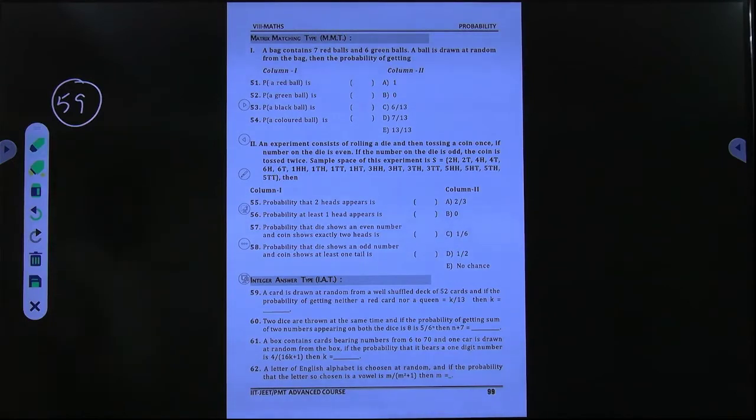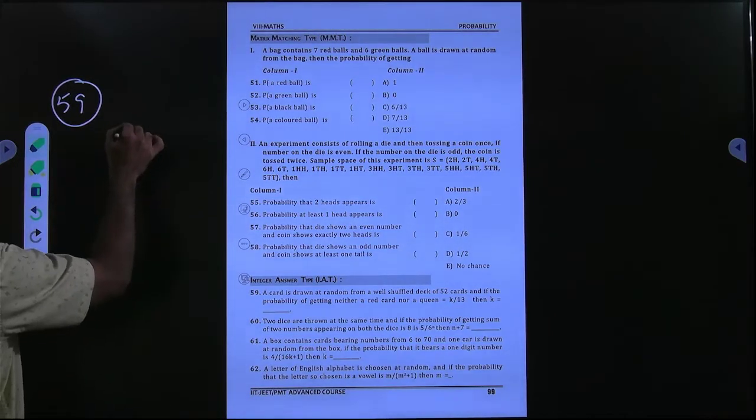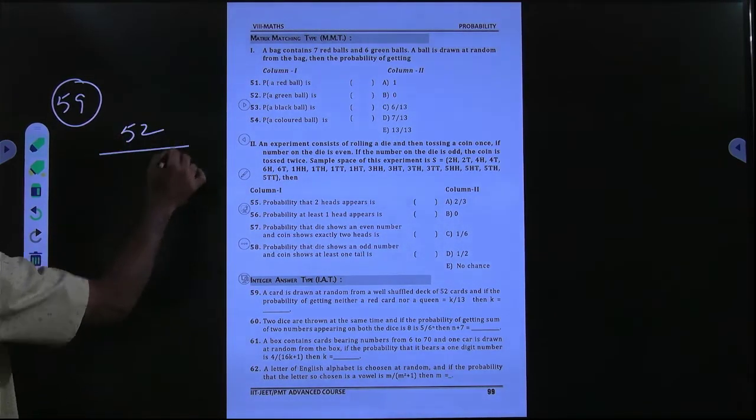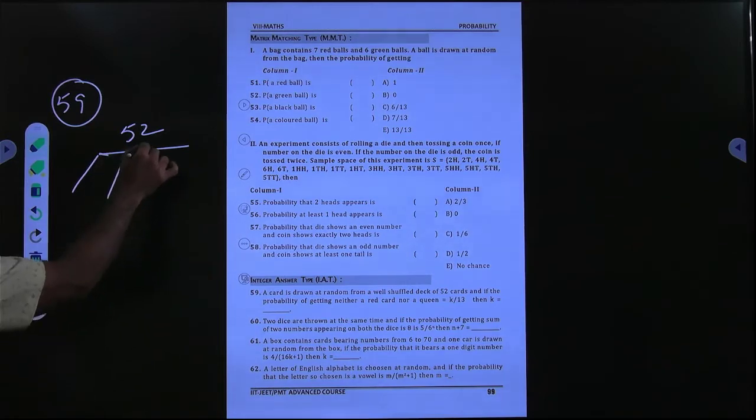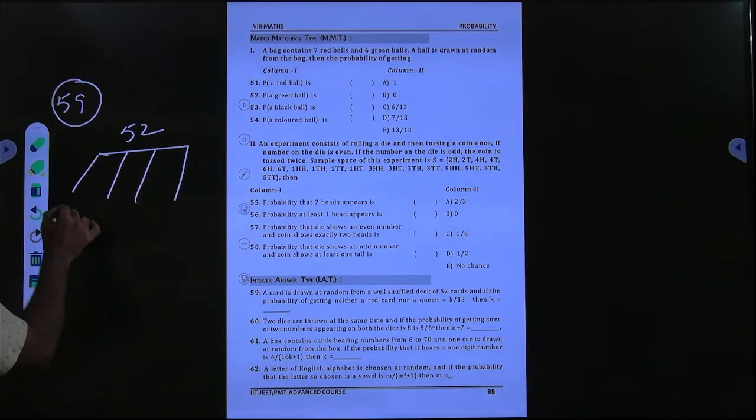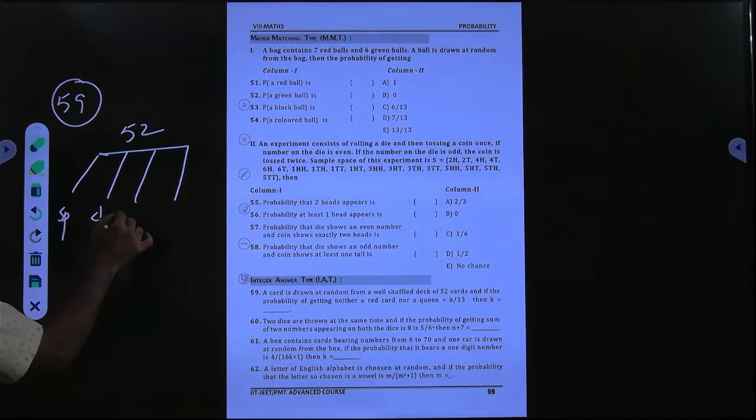In a deck of cards, the total number of cards is 52. These 52 can be divided as 4 sets. Each set contains 13 cards: spade symbol cards 13, club symbol cards 13, heart symbol cards 13, diamond symbol cards 13.